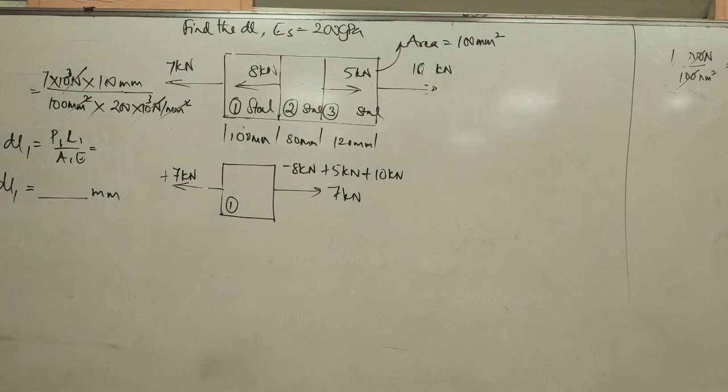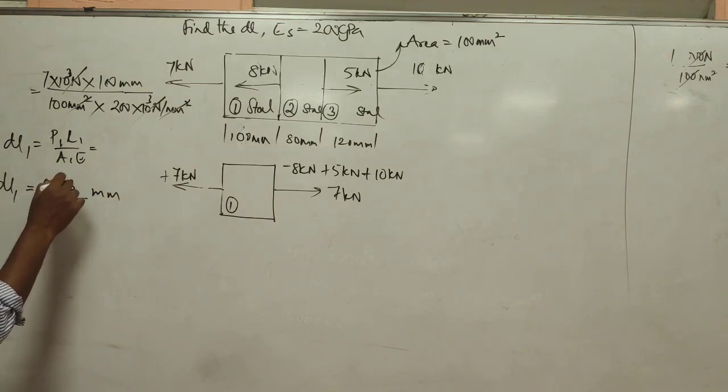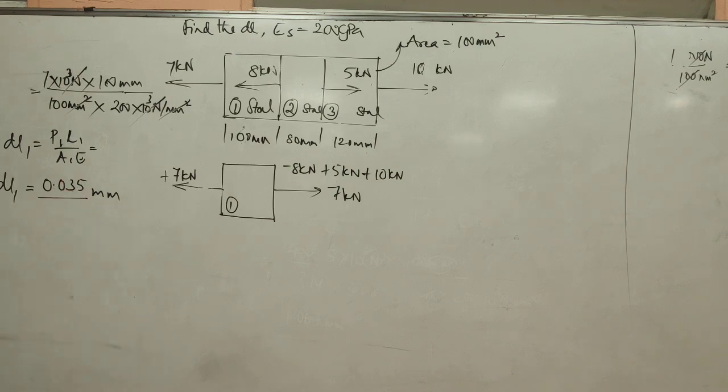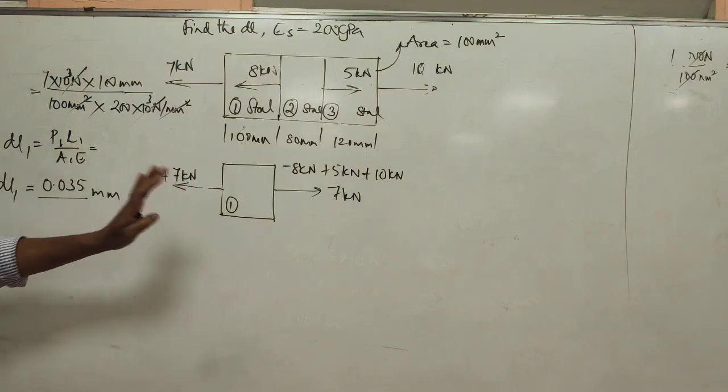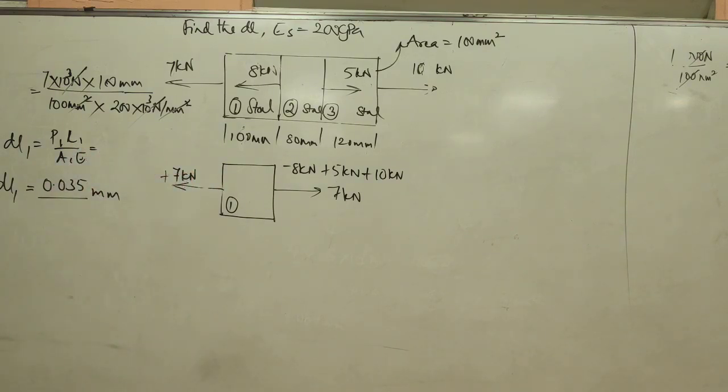Usually you get very small numbers, guys, because yesterday we said that even for 1 meter length, steel can only elongate by half a mm. Please think, if by chance you are getting large numbers, somewhere you have gone wrong. So what is the answer? 0.035 mm. Up to around 3 decimal points we can write, 0.03583. You don't have to write more; at least 3 decimals is okay.